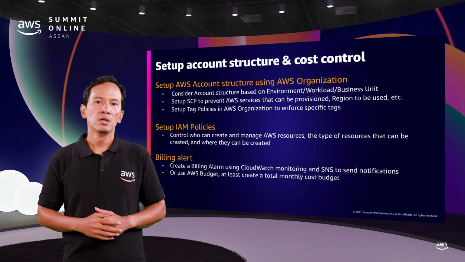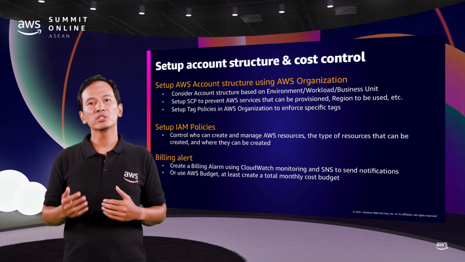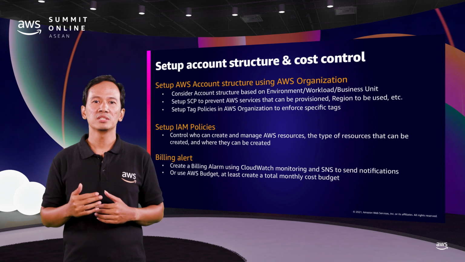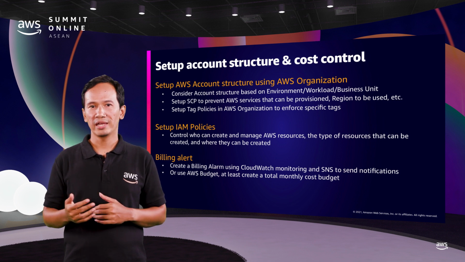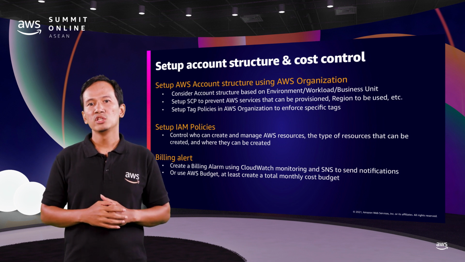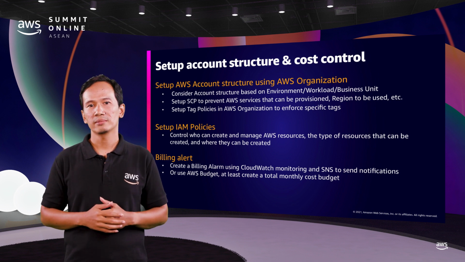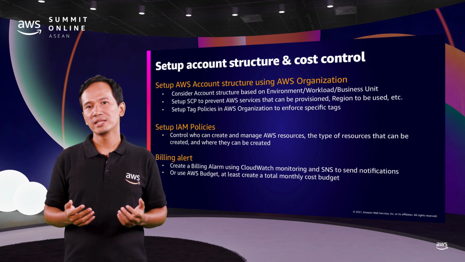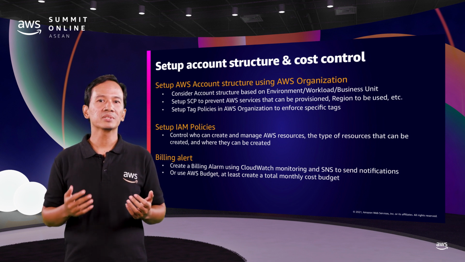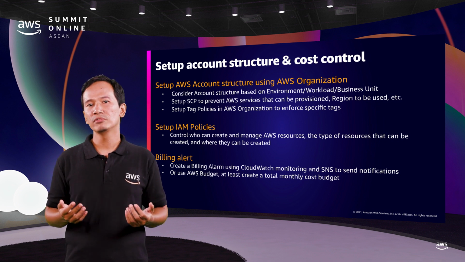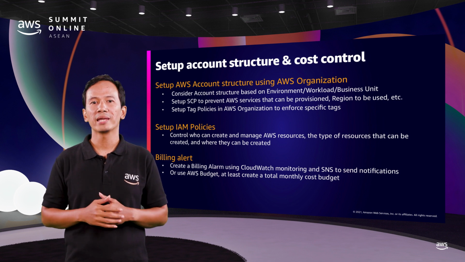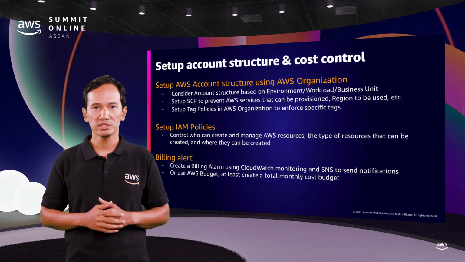consumption. To control costs, it is important to set up service control policies, or SCPs, in your AWS Organization. You have to minimize the creation of resources that are not required. In AWS Organizations, you can also set up tag policies, which can be helpful to enforce users to apply tags to your AWS resources.